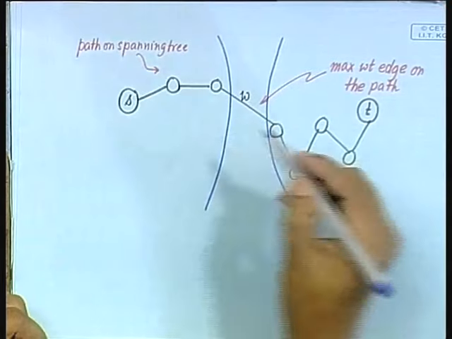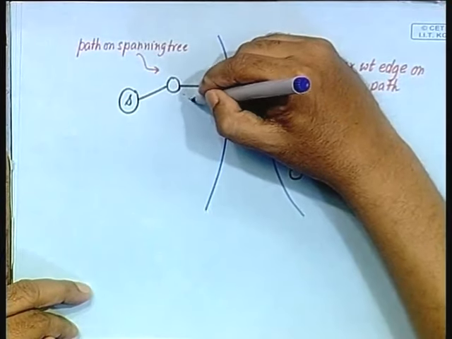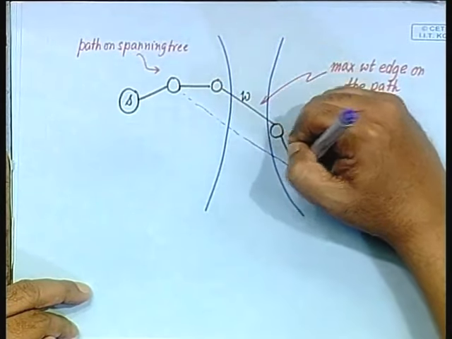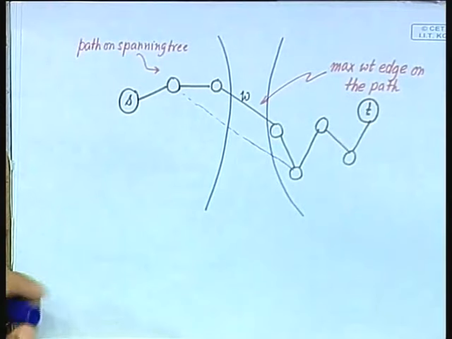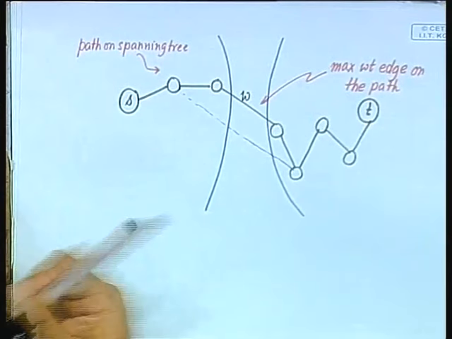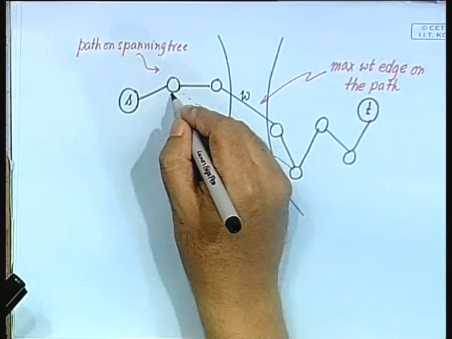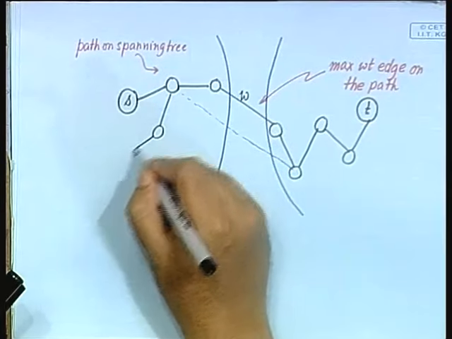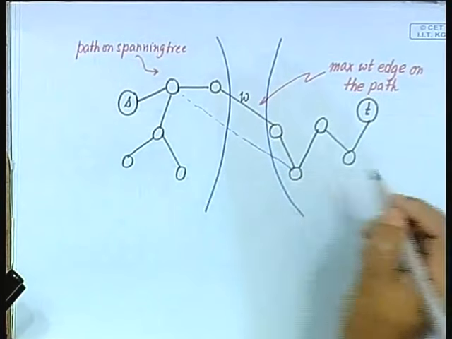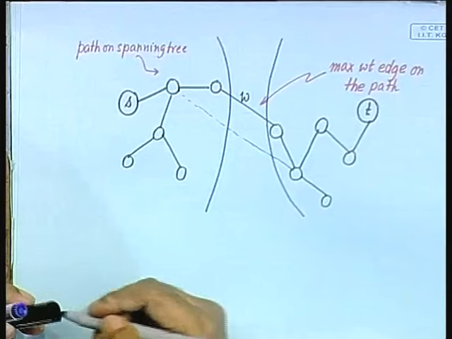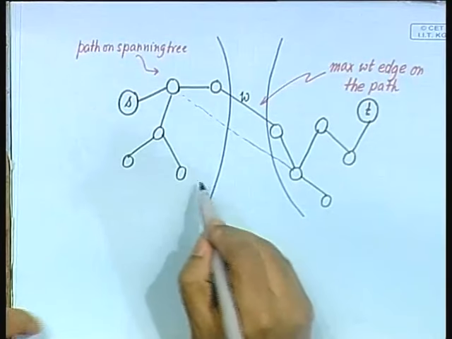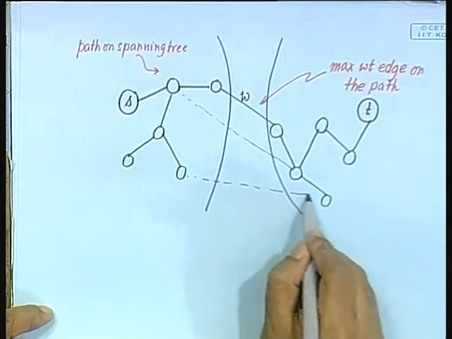So, let us say that there is an edge between these two. Okay. There are other vertices here, and there can be edges between those vertices, right.